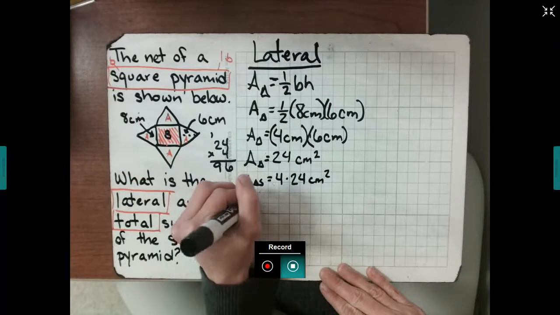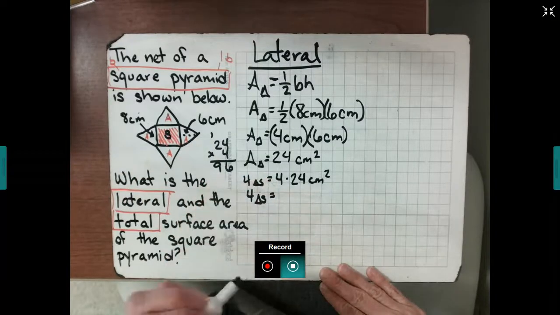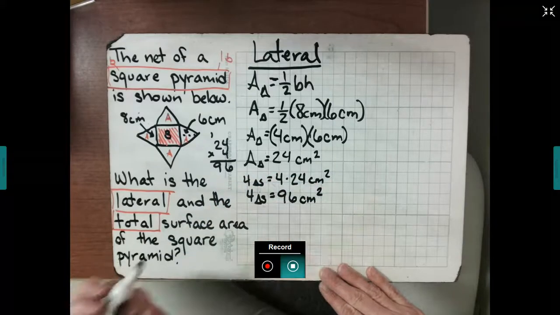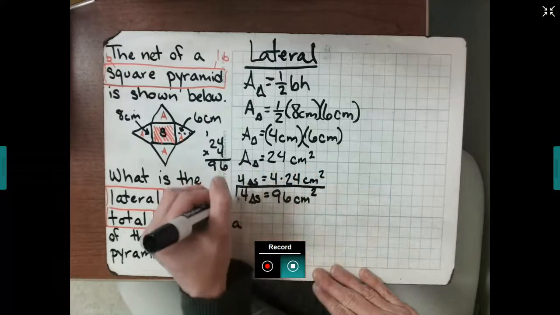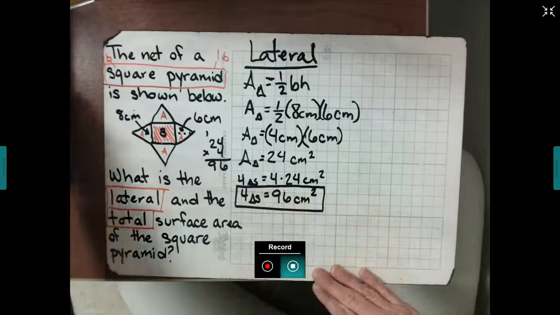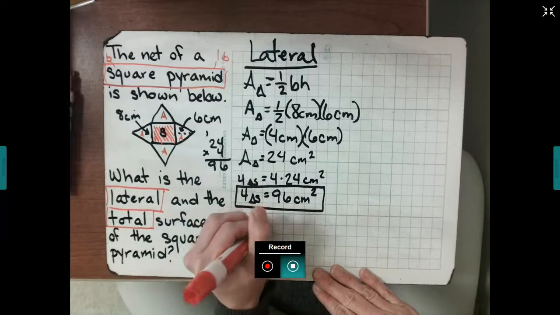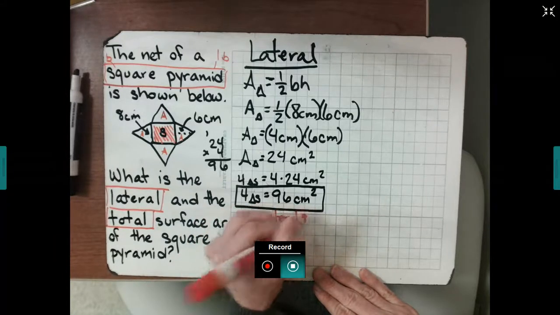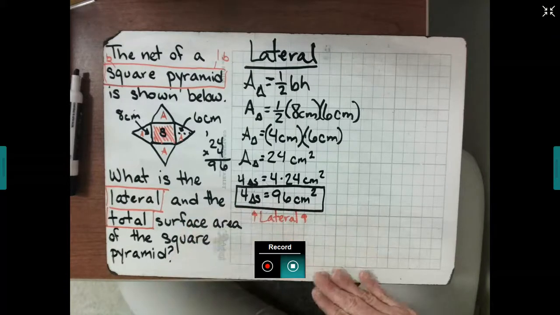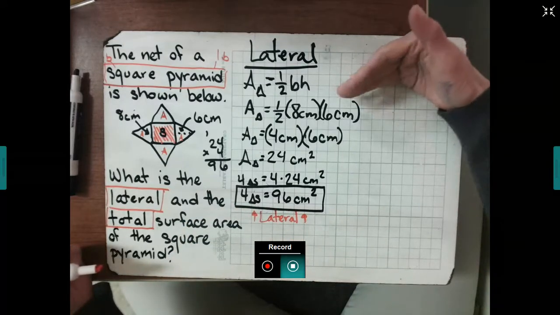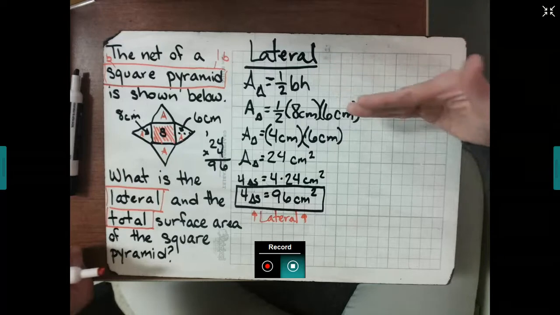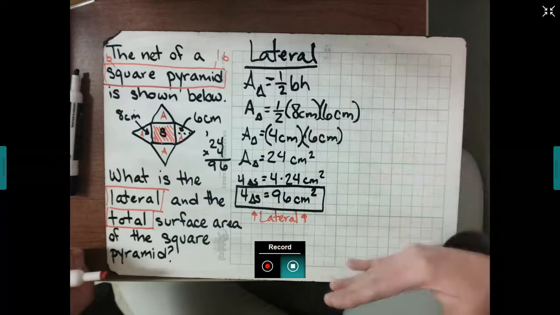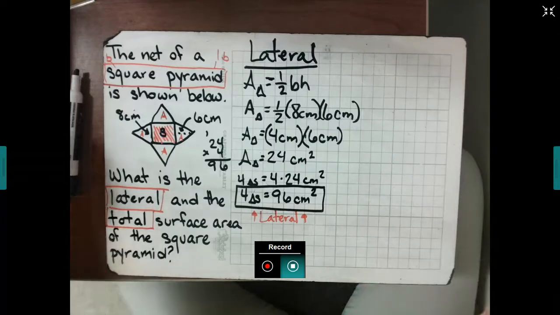So for 4 triangles, the surface area is 96 centimeters squared. And this is your lateral surface area of this square pyramid. Notice how I'm boxing in my answer and labeling it. We really need to practice the process of writing your formula, plugging in and solving, and then boxing in your answer. Staying organized will help as these problems get more complicated.